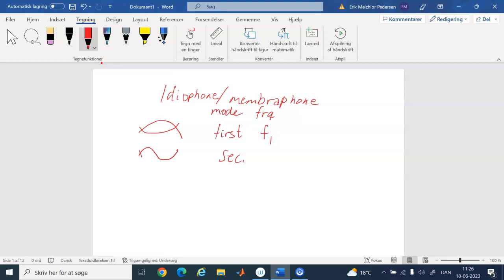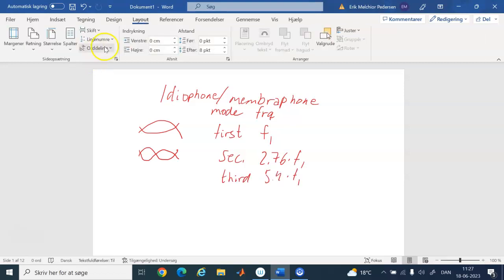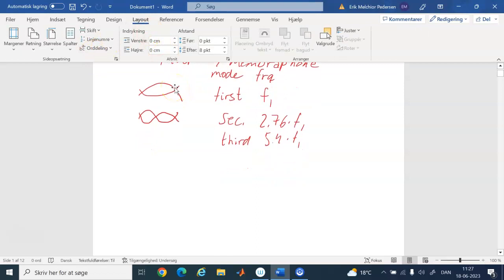But then the frequencies are not multiples, as F1 is the third here. It should be 5.0 times F1, so it's a little bit complicated. So there are no harmonic overtones.